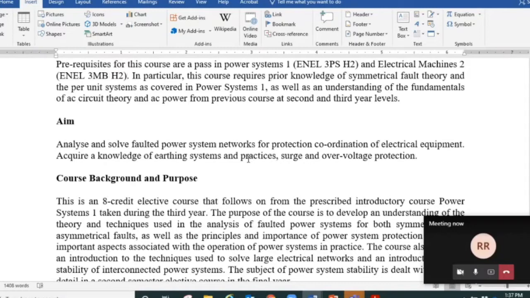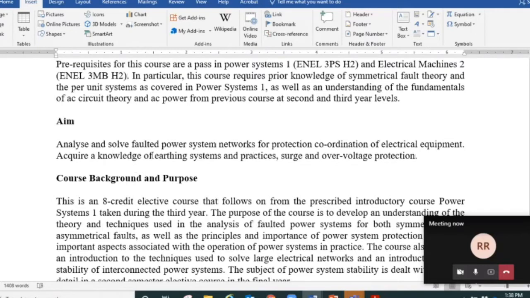We call it zones of protection. So we create zones of protection and then we protect the zone. And while we do so, we try to keep the other zone around that zone active or live, so that zone can still supply power to the equipment or the appliances that are connected to that zone. So that's how we do it.